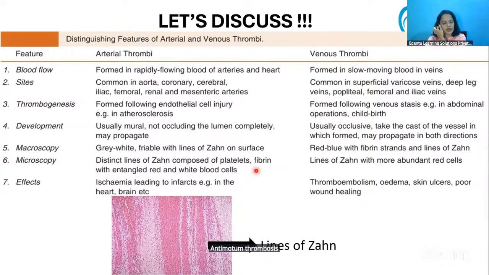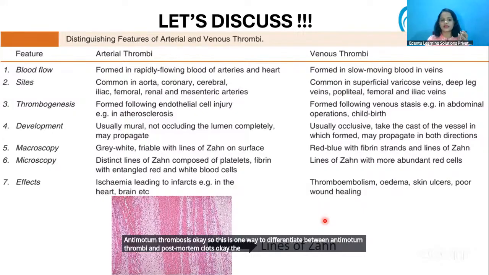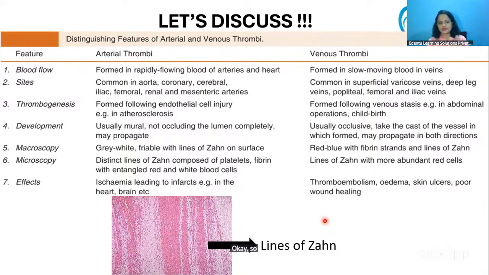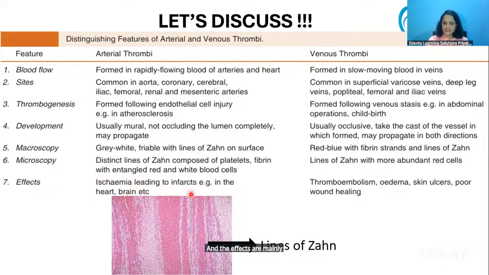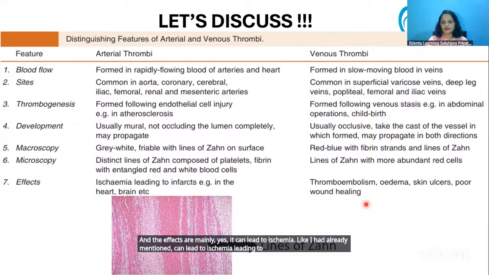So this is one way to differentiate between antemortem thrombi and postmortem clots. The lines of Zahn will always be present in rapidly flowing blood only. It will not be present in a stasis of blood. So that's one feature to differentiate between the antemortem thrombi and the postmortem clots. And the effects, yes, it can lead to ischemia, like I had already mentioned, leading to infarcts, and thromboembolism is usually seen in the venous thrombi.